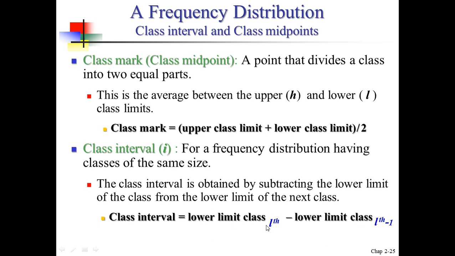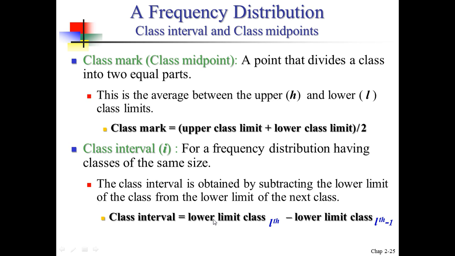You can find classes. Or if you want to get midpoint, you can take class midpoint 7 minus class midpoint 6, class midpoint 3 minus class midpoint 2. You get the interval. That's why, in order to get the interval when you have a table, you can use 4 formulas.